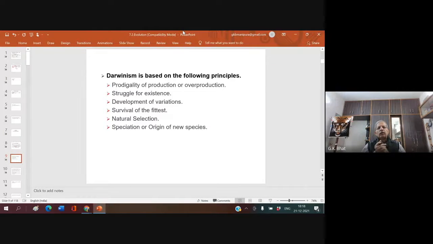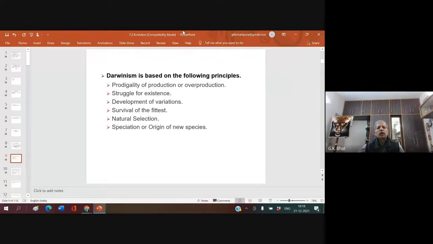Now let us look into the propositions of Darwin. Darwin's idea with regard to evolution, which is known as Darwinism, is based on the following principles. What are they? Prodigality of production or overproduction, struggle for existence, development of variation, survival of the fittest, natural selection, speciation, or origin of new species. All these principles are very important.